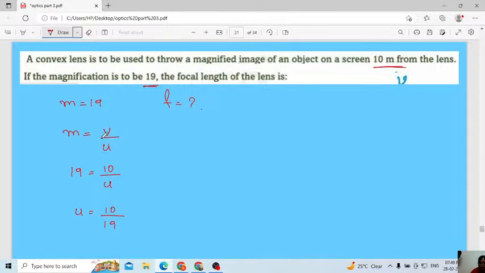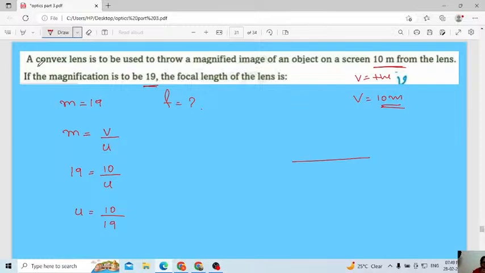You can ask, ma'am, here see, always when you will get a magnified image, normally we will get it in the convex lens. Magnified image we will get backside of the mirror. Backside means V it will be positive, therefore plus 10 m.